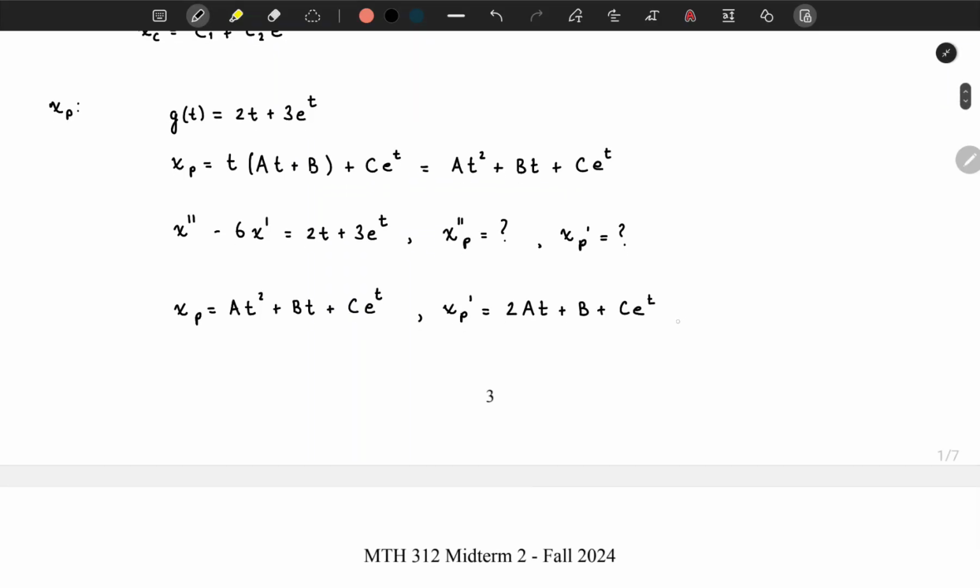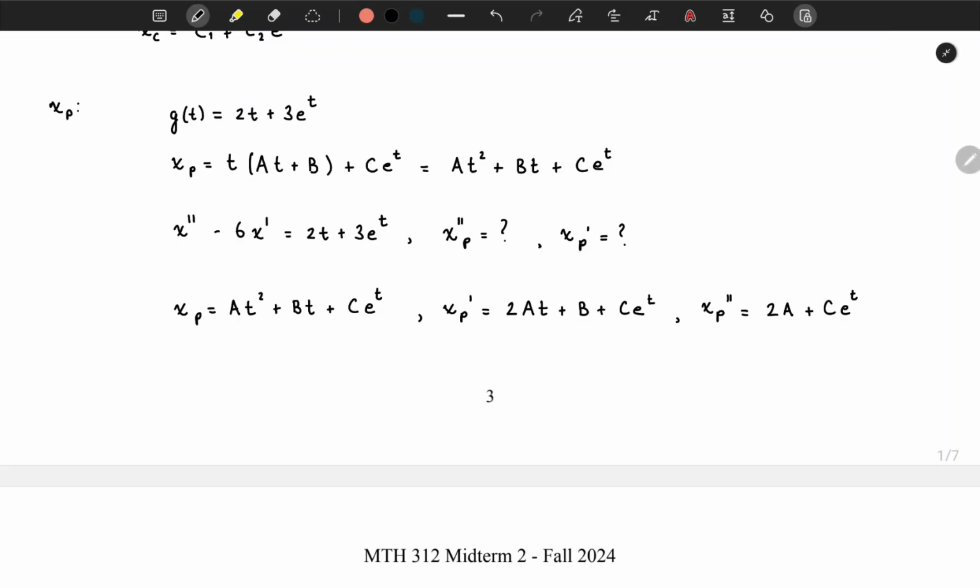And let's differentiate it once again, x double prime, and so the derivative of 2at is just 2a, plus c e^t. So now that we've differentiated it twice, we can plug these back into our original differential equation.